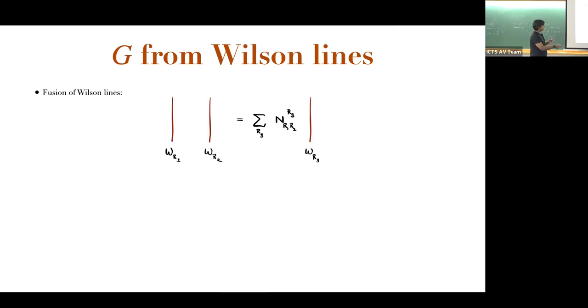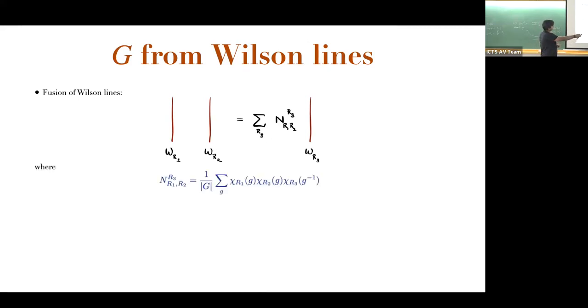When we fuse these 2 Wilson lines, we just multiply the charges, R1 times R2, then we can decompose that into a sum of Wilson lines over irreducible representations again. So this fusion of Wilson lines is the same as taking the tensor product of representations and its decomposition.